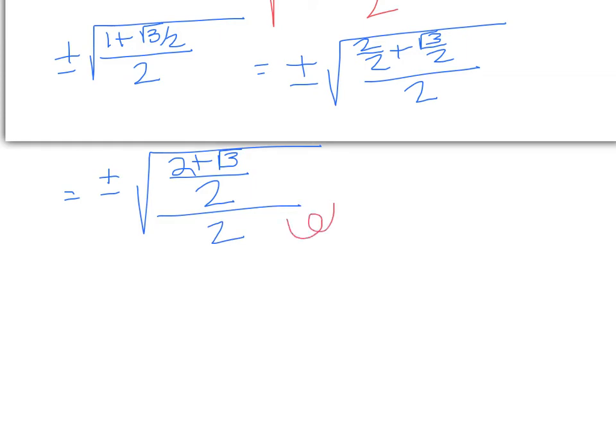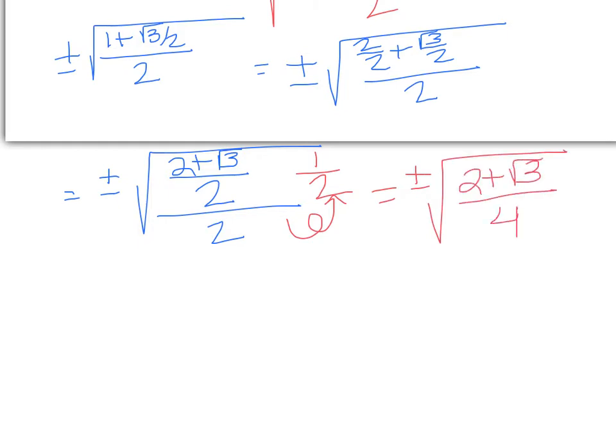Now we can multiply by the reciprocal, and now I'm going to have plus or minus the square root 2 plus radical 3 over 4.